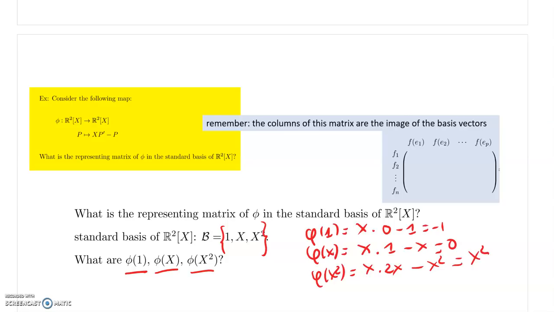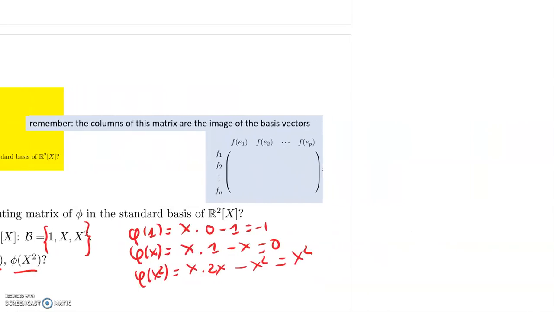Okay, now you have to write these as vectors expressed in the basis of the codomain. The basis of the codomain is also the standard basis of R2 of x. So negative 1 is going to be negative 1 times 1 plus 0 times x plus 0 times x squared.